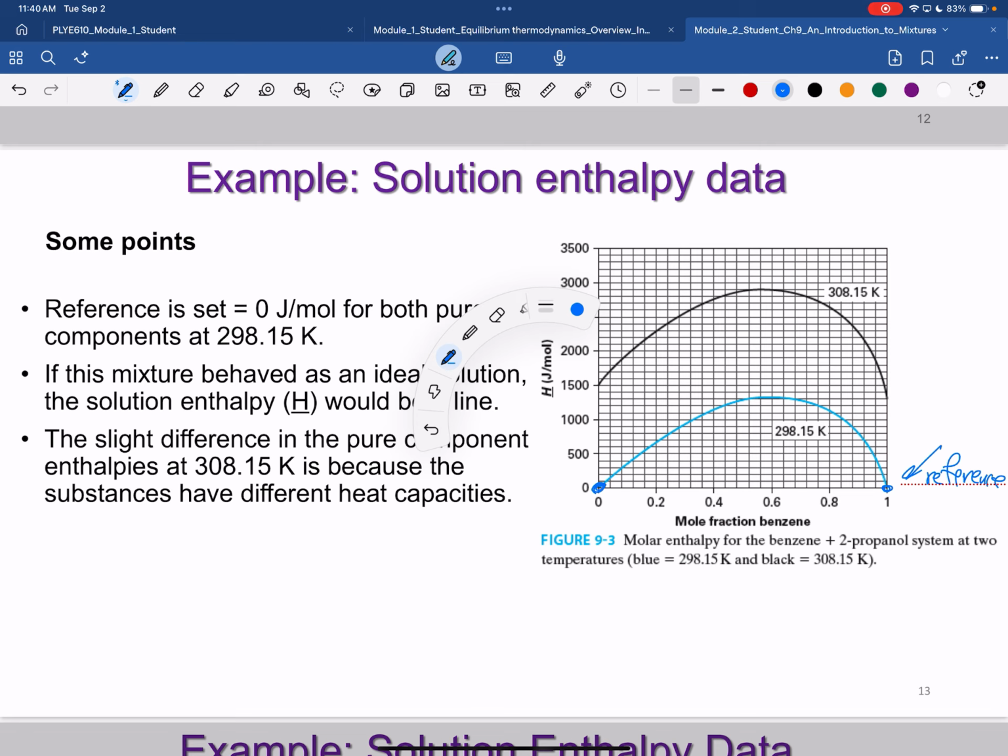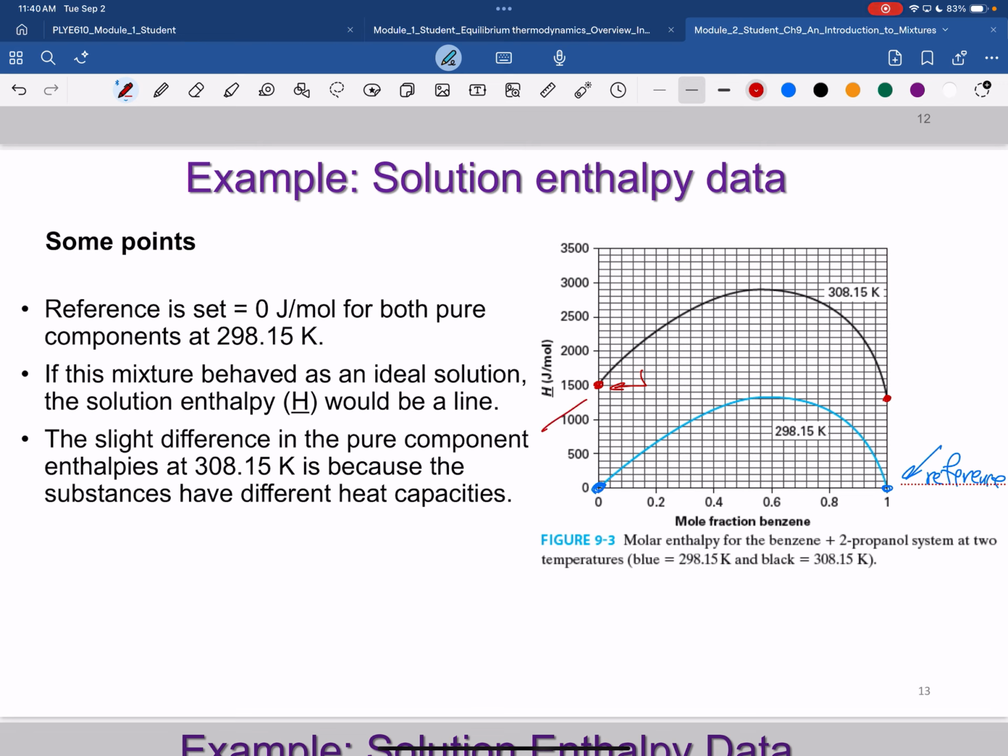And another point you need to notice here, for the 308 temperature, the pure component enthalpies are slightly different, right? So one is here, another is here.